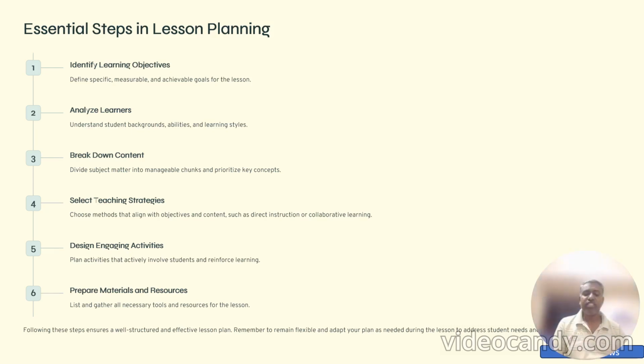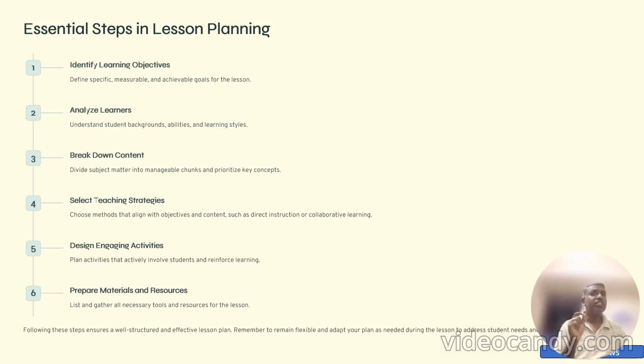The next one is breaking down the content. This is the highlight of preparing the lesson plan. Whenever we prepare a lesson plan, we have to create a part by part lesson plan, in the sense of the content. Then only the students are able to understand easily. So we have to break down the core concept into small concepts.